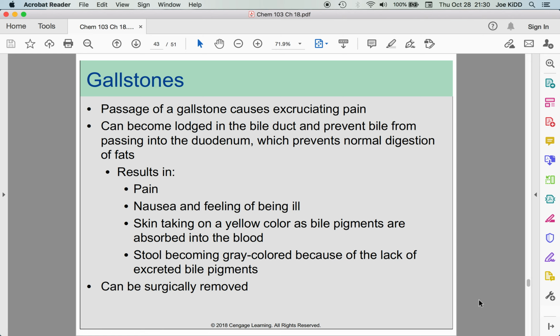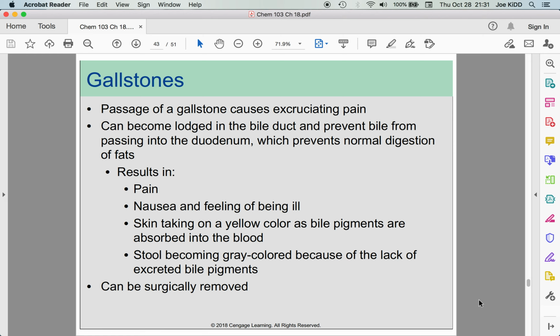You can have pain, nausea, fever. You can actually start losing color to your skin. Your poop will actually become gray. It's very strange, because there's no more bile in there pigmenting it. Our stool is simply all the waste left at the end after we've drawn everything out of it, so you would end up with gray poop.